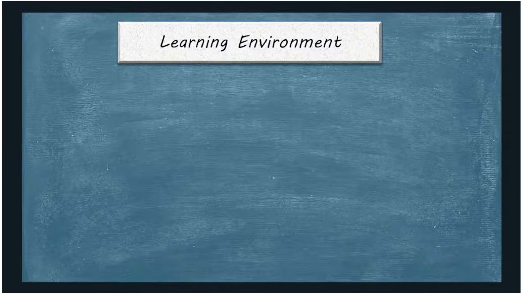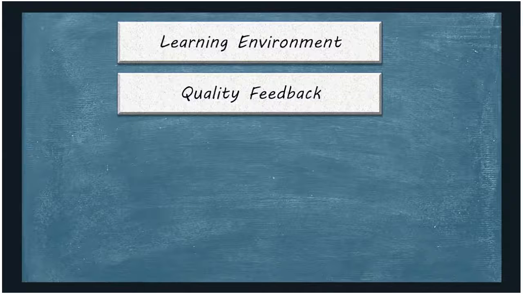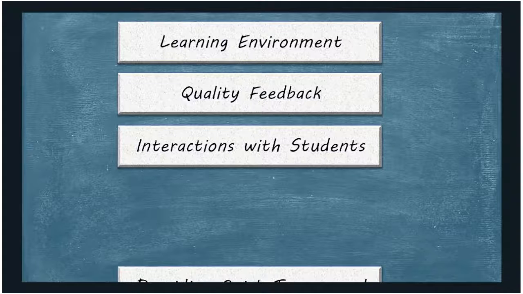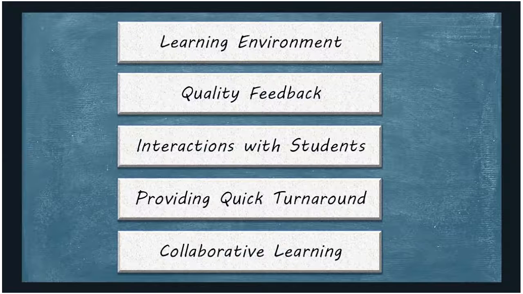So to sum up, the 5 keys that you need to keep in the back of your mind when you're designing, developing, and delivering your classes are your learning environment, quality feedback, interacting with students one-on-one, providing quick turnaround, as quick as you possibly can while still keeping it quality, and having a collaborative, when possible, synchronous learning environment.